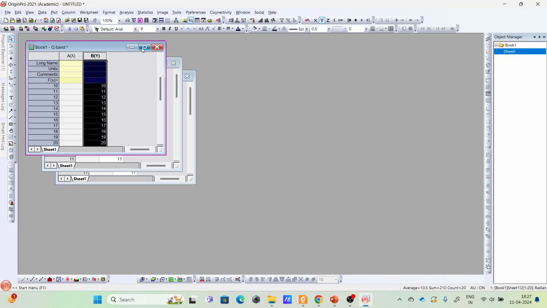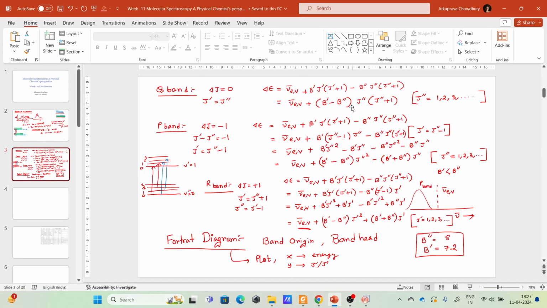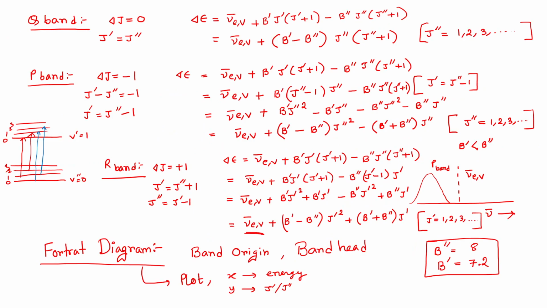So let us start with the Q band. What is the formula of the Q band? For the Q band, J dash can be 1, 2, 3. On the y axis we have written 1 to 20, and we are imposing that B dash is 7.2 and B double dash is 8 centimeter inverse. Let me at least write the units. We will see how this looks.